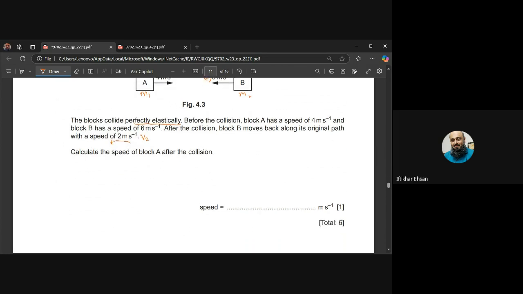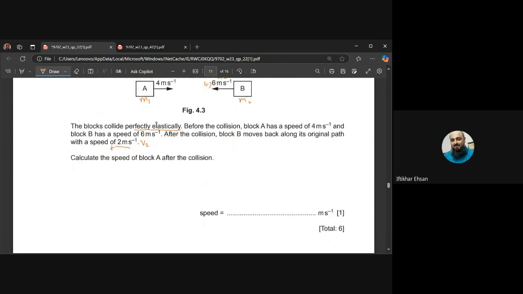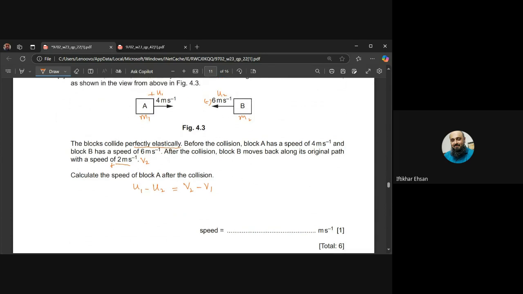So what formula would you use to find the speed after the collision? Is there any hint about the masses? No. For elastic collision, we have a formula: relative speed of approach is equal to relative speed of separation. This is the only formula where we do not need the masses, and it is only used for elastic collisions. So we know u1 is 4, and u2 we take to be negative.